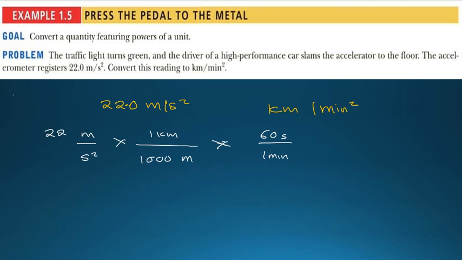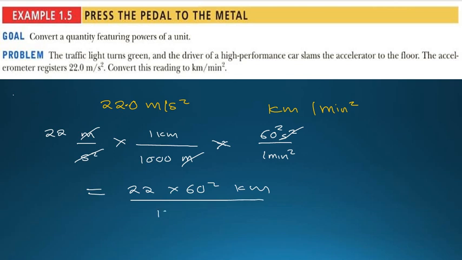Since we are dealing with seconds squared, we square this too. Seconds cancel and meters cancel. On top we remain with 22 times 60 squared, then kilometer over 1,000 meters, minutes squared.